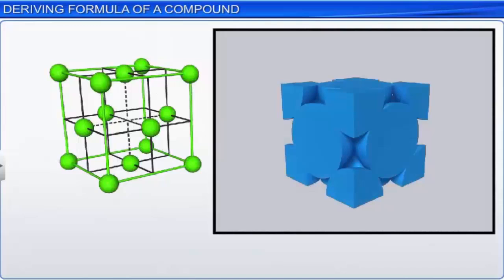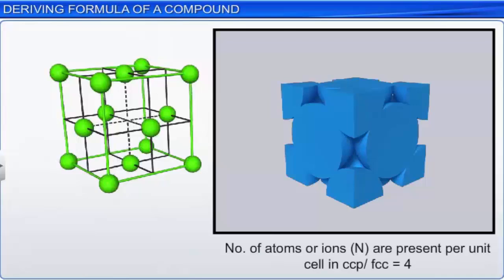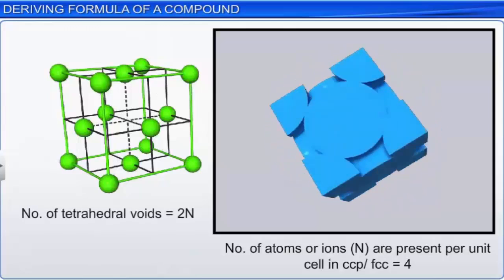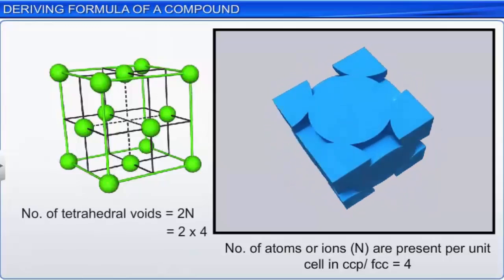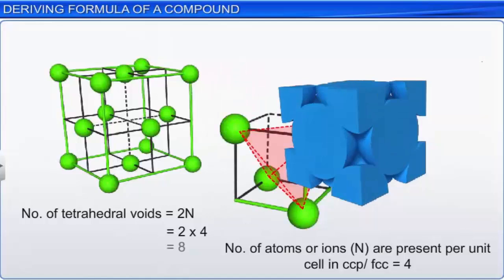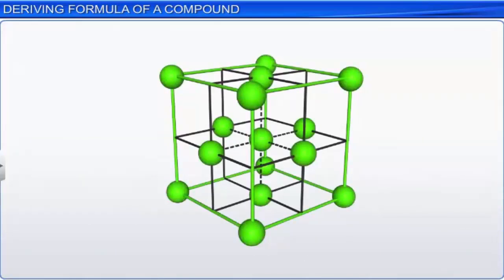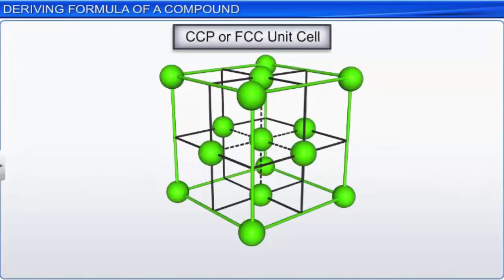Also, you know that in a CCP or FCC unit cell, 4 atoms or ions are present per unit cell. Thus, the number of tetrahedral voids is 2 multiplied by 4, that is 8. Let us now locate an octahedral void in the CCP or FCC unit cell.